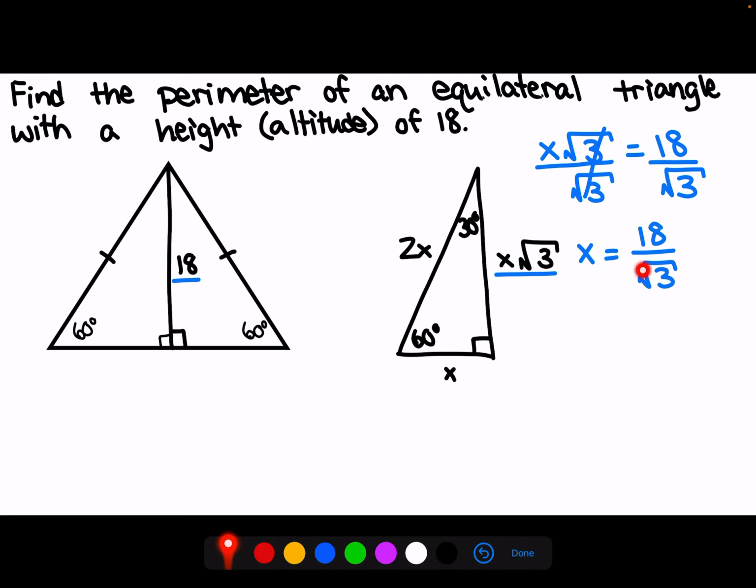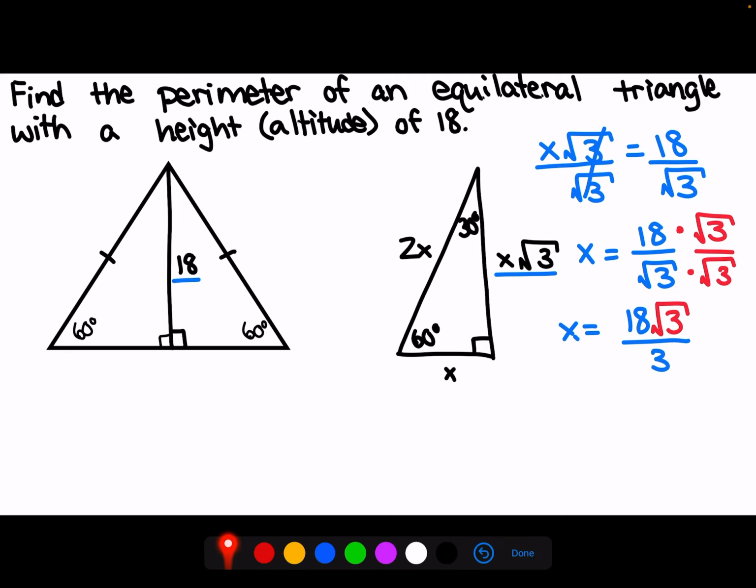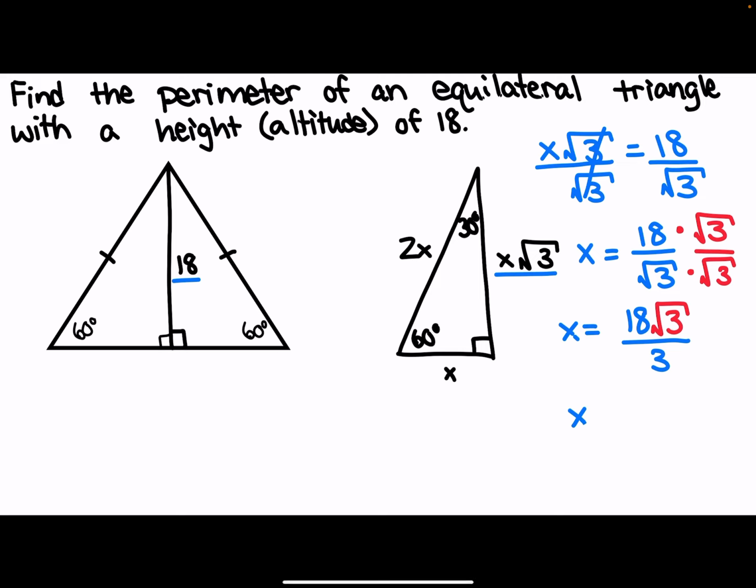I'm going to rationalize this denominator by multiplying both the numerator and denominator by radical 3. That'll give me 18 rad 3 over 3. Since 18 and 3 are not underneath the radical, I can divide them. 3 will go into 18 6 times, giving us our final answer of x being equal to 6 radical 3.